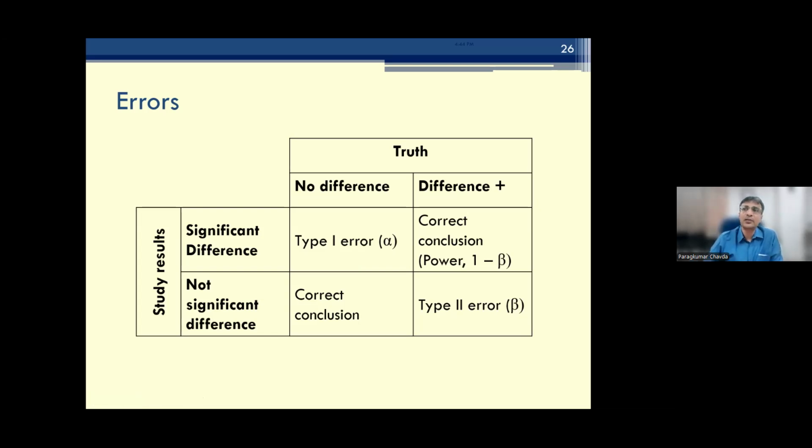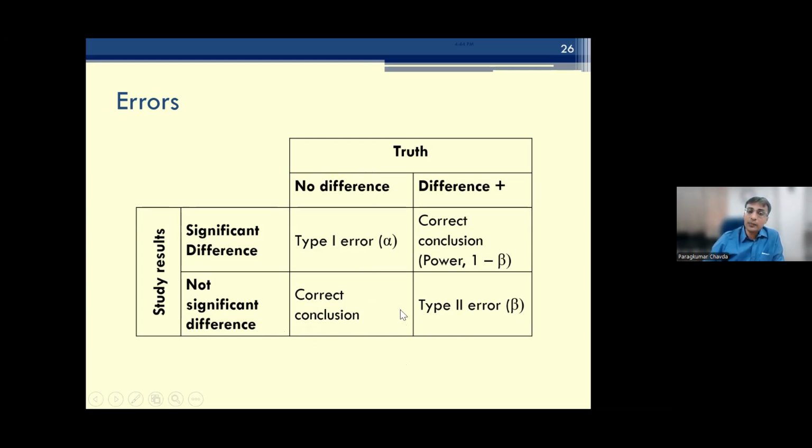Now, traditionally, the scientists in general, the medical fraternity, would be okay, or the convention says that it is okay to keep that error at 5% level, and hence we say that the confidence level is 95%. The counterpart to that is, let's say when in real life there is no difference between 2 treatment groups, what are the chances that your study would not find any significant difference?